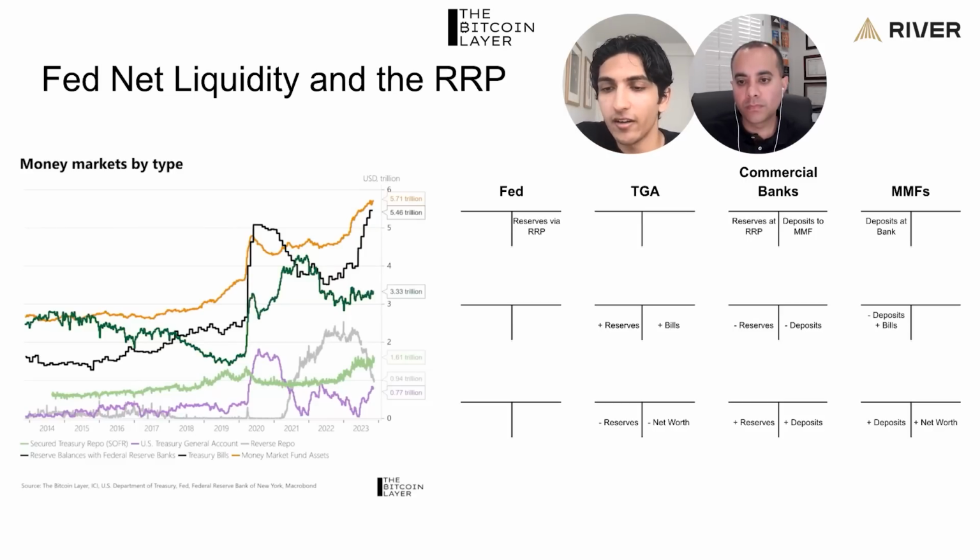That's how the money market fund gets its deposits. So this net worth should actually be with the household, not with the money market fund. But let's say that the TGA in this case is literally giving a stimulus check to the money market fund. Then it would look like this. Of course, within that money market fund, there are two balance sheets: the household, and the government contractor that then deposits that back into the money market fund. So that's Fed net liquidity and how the reverse repo plays into this.